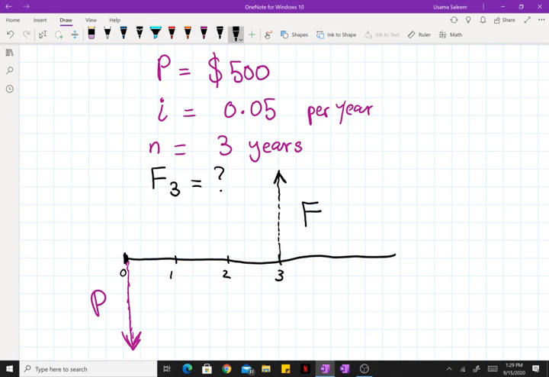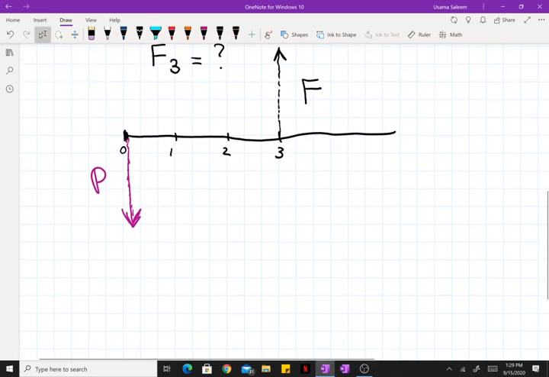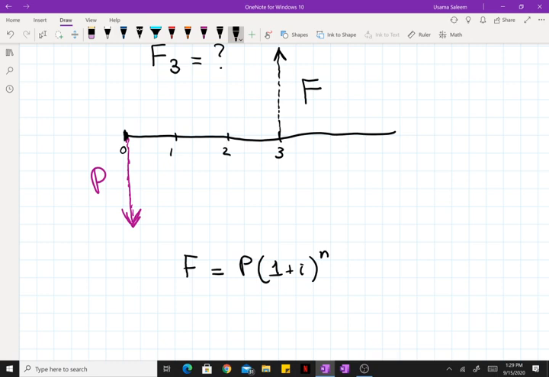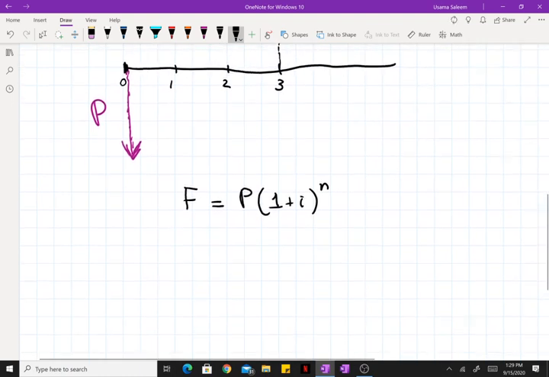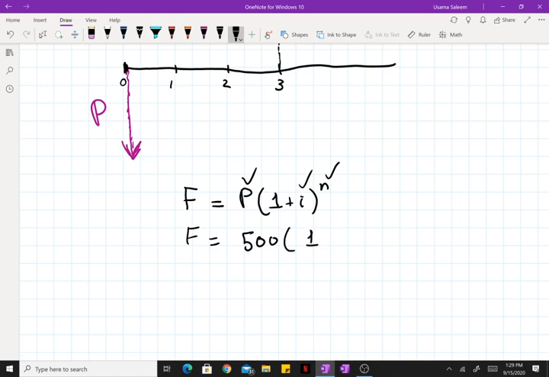All right. So we covered the simple formula that relates the future value to the present value: F equals P times (1 plus i) raised to the power n. We know P, we know i, we know n. So this is a simple case of plug and chug.